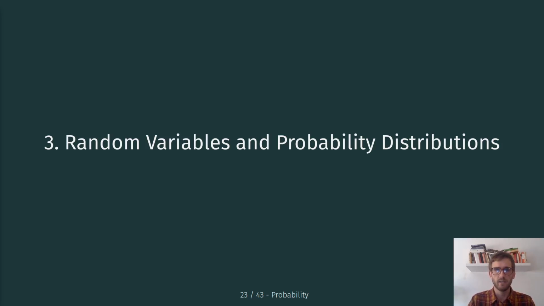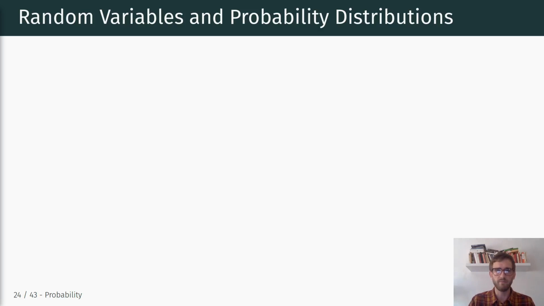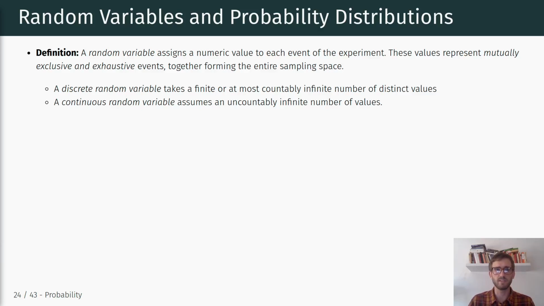Okay. The whole idea behind random variables is that we take the events that are part of an experiment that we talked about and assign numerical values to these events, right? So a random variable is defined as assigning a numeric value to each event of the experiment.